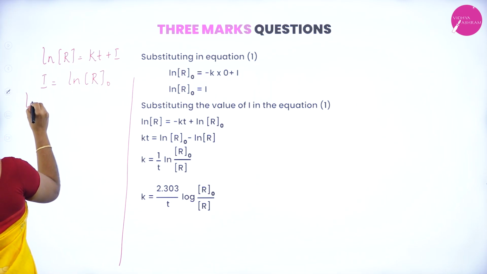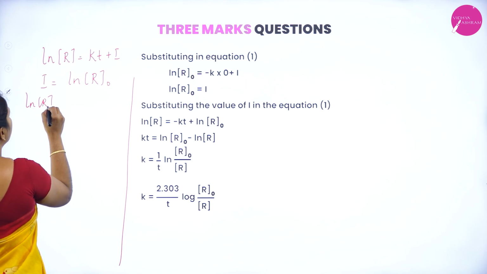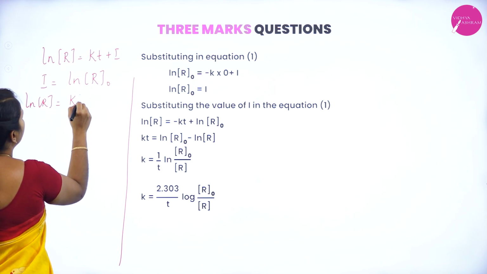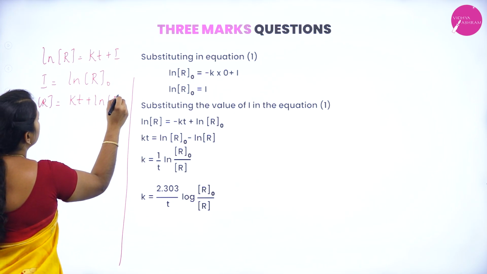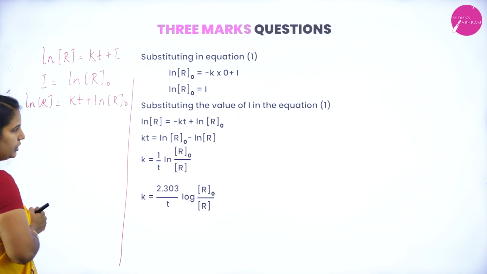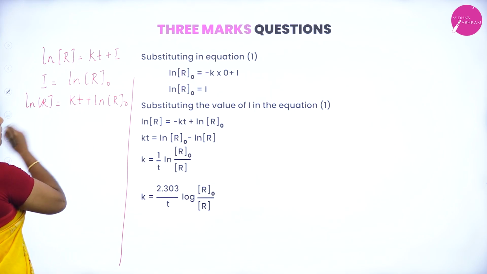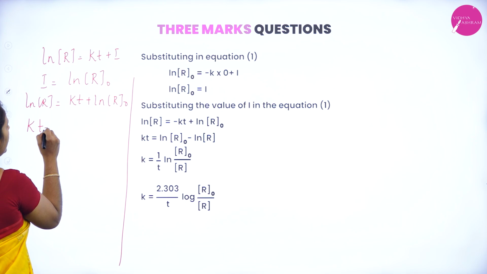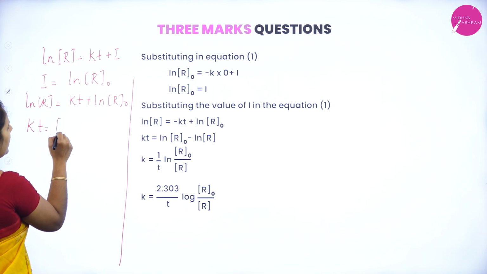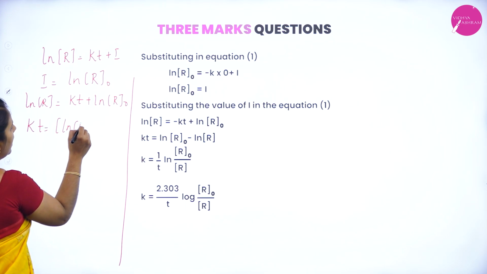Now I can write ln of the concentration of R is equal to kt plus ln of the concentration of the reactant at the initial state. Now I'll take this kt outside. What is remaining? We have ln [R]0 minus ln [R].